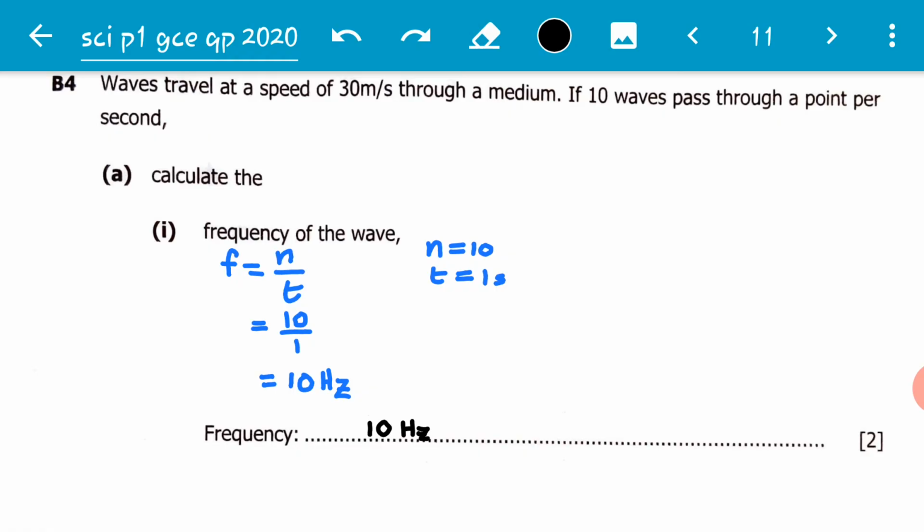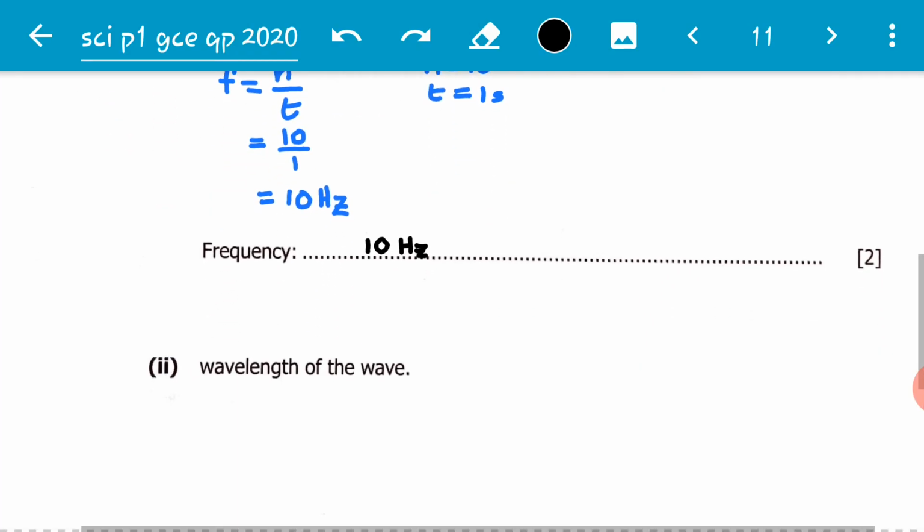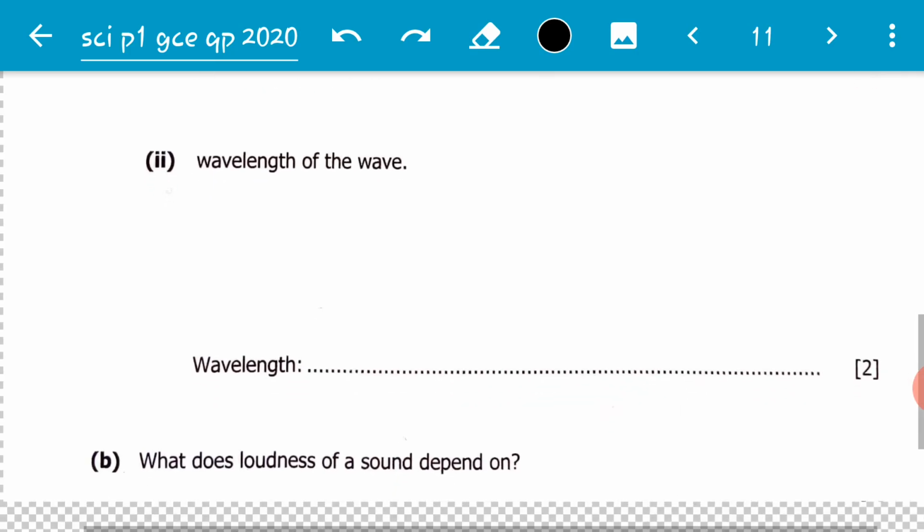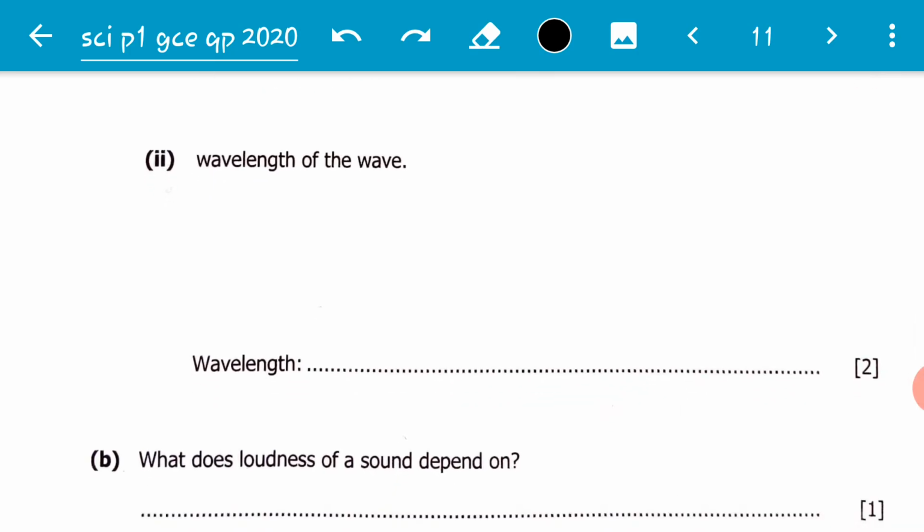So we write that there as our frequency. Then we turn our attention to number 2, the wavelength of the wave.